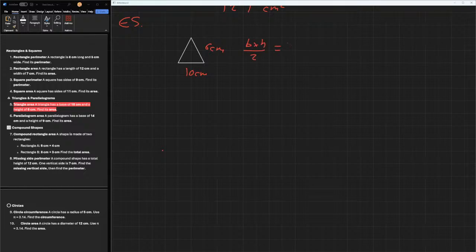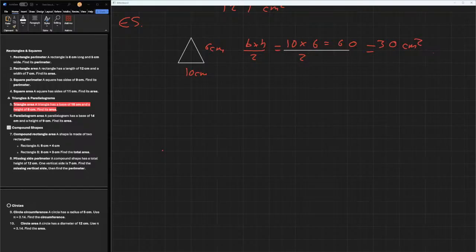So the base is 10 times the height, which is 6, divided by 2. Now 10 times 6 is 60. Divided by 2 is 30. Then we have 30 square centimeters.